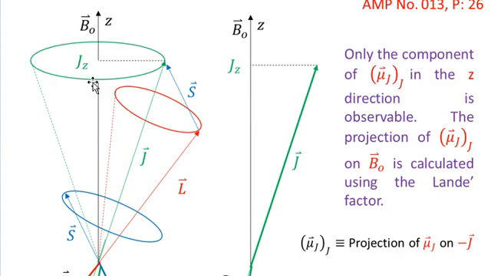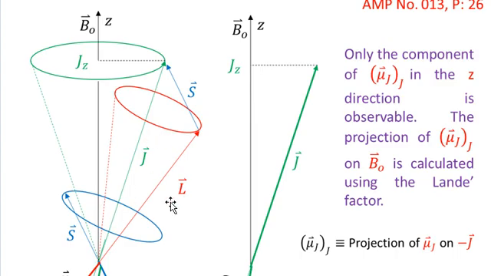Now there is one more important thing in this figure. Look at the vector S, that is the spin angular momentum. This spin angular momentum carries out its precessional motion. You can see the loop over here, where the tip of vector S traces out this loop. It means that the vector S, which is the spin angular momentum, carries out a precessional motion about the vector J, about the total angular momentum J of the atom.